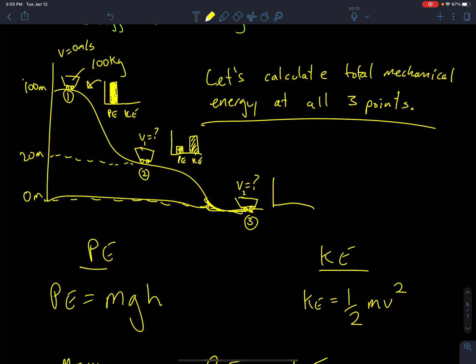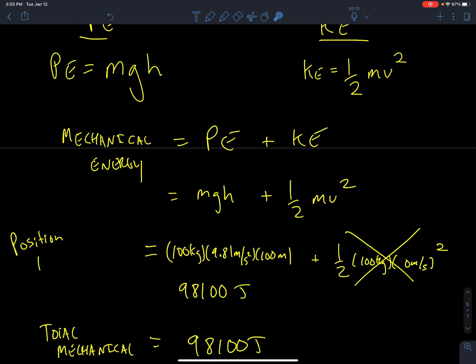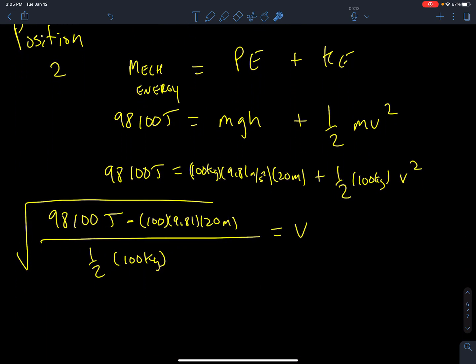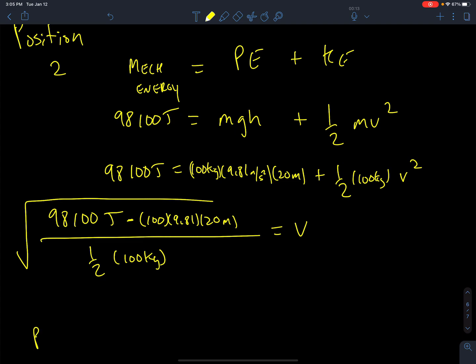And at this point over here, I will have no potential energy and all kinetic energy. So I can visualize this exchange. And the values of these bars put together would always equal 98,100 joules.